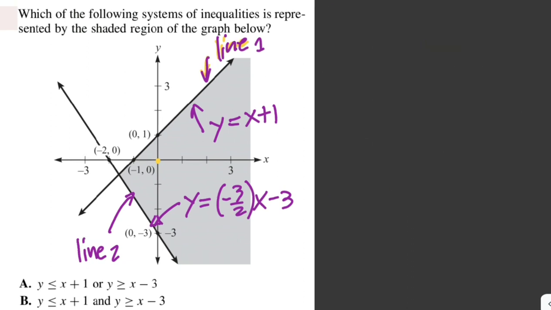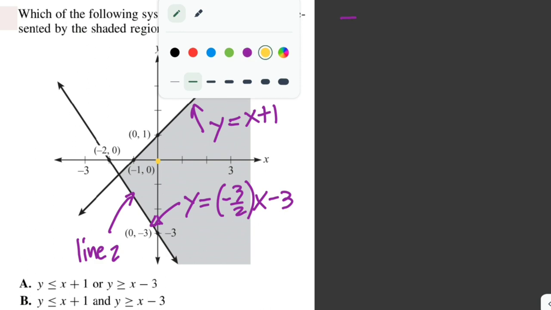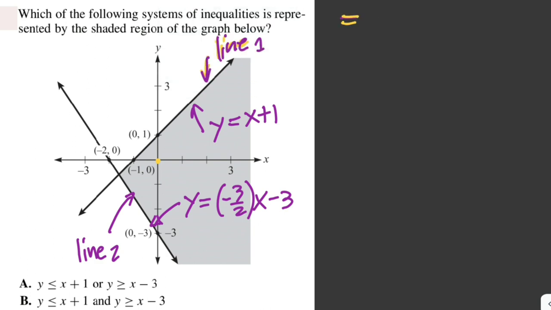Now we already have the equations of the two lines. And have you noticed here that the lines are bold? They are not broken, so that means we include the equal sign. So we can write our inequalities as greater than or equal to, or less than or equal to.